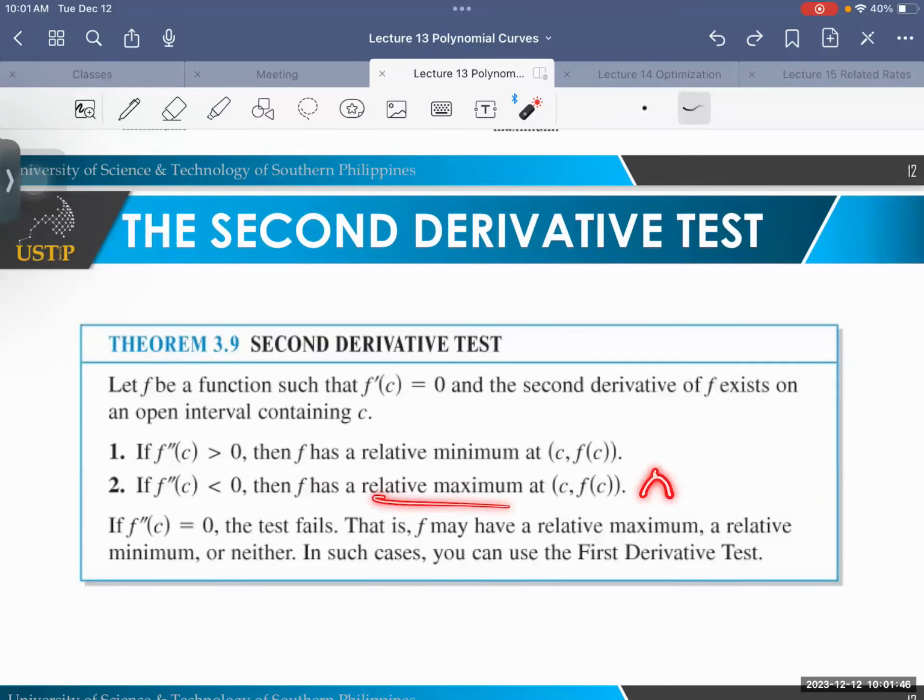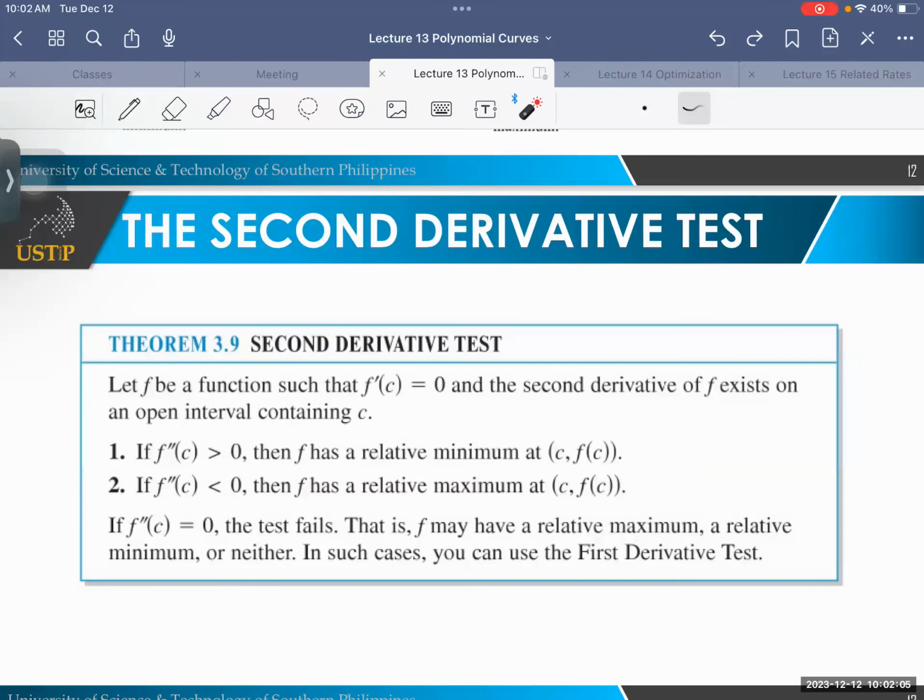Now, if your second derivative is 0, the test fails. Therefore, what you will use is the first derivative test.